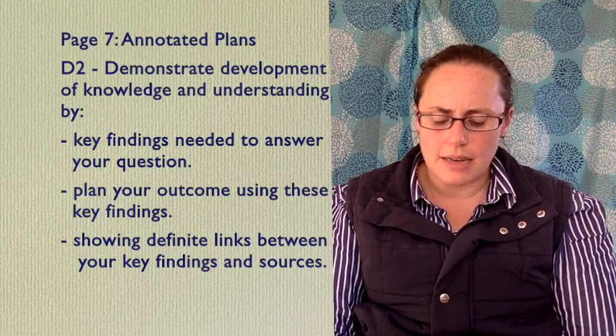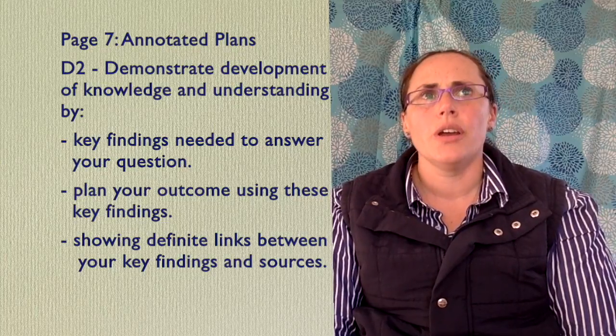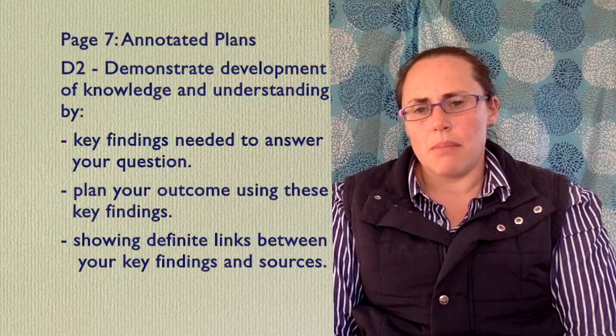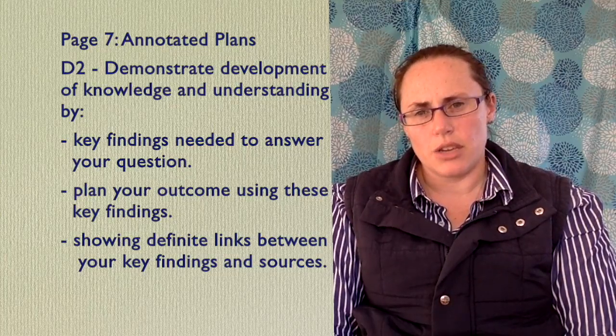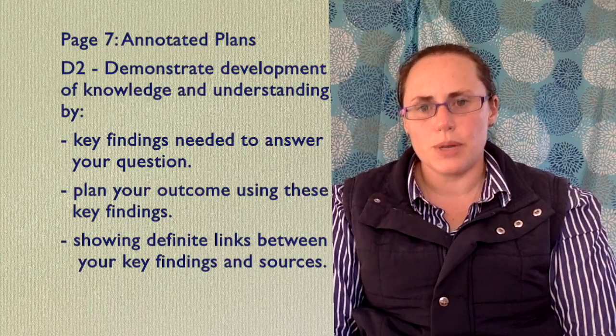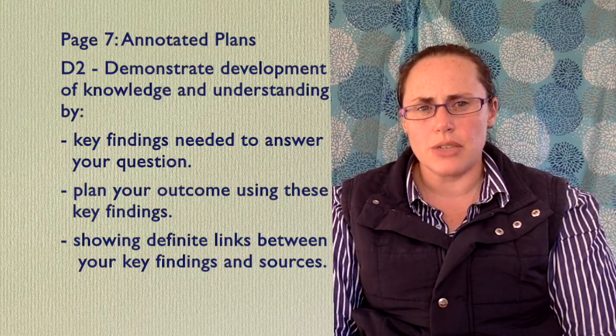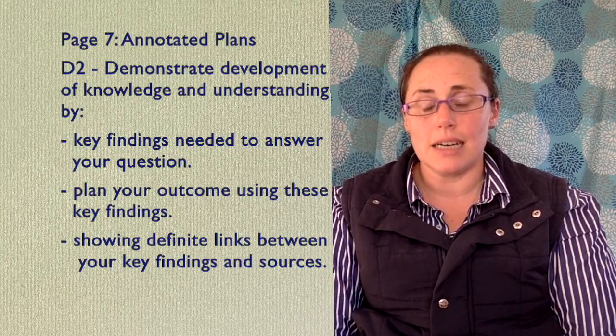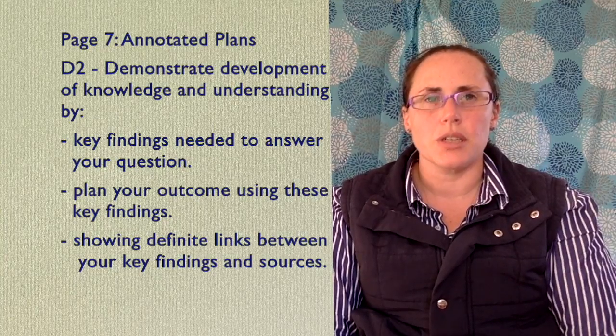Annotated plans. This is kind of difficult unless you come up with some key findings that you think you need to research. Key findings are the key sub-questions that you believe you need to answer in order to answer your really large research project question.